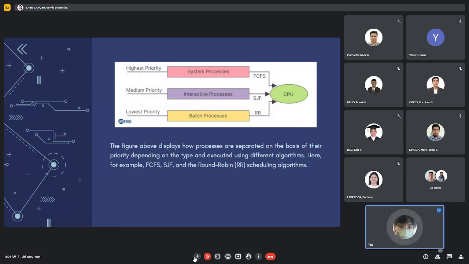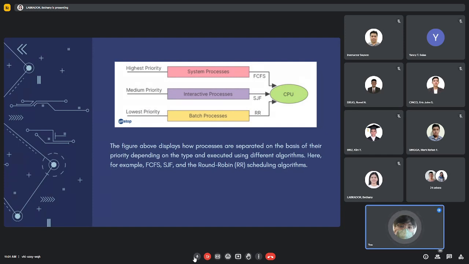And for the interactive processes, which is the medium priority, we have here the web browsers and text editors, media players, communication applications such as messengers, Discord, Telegram, and any application or software that can provide communications. And of course, the graphical user interface.